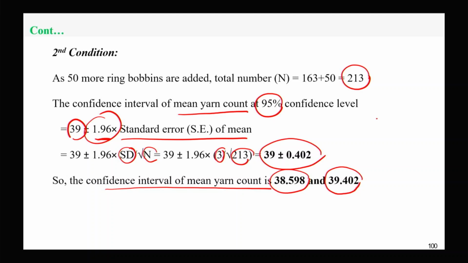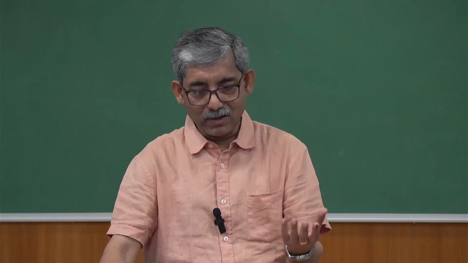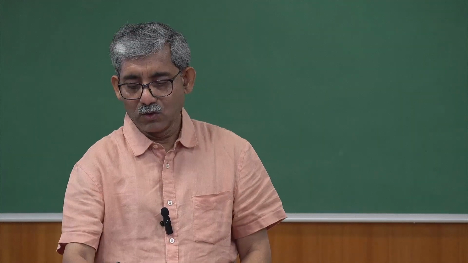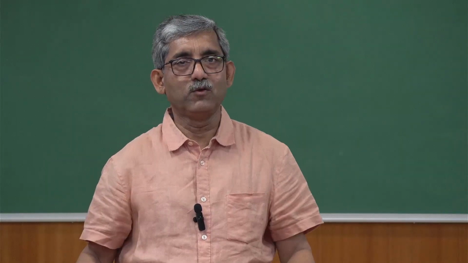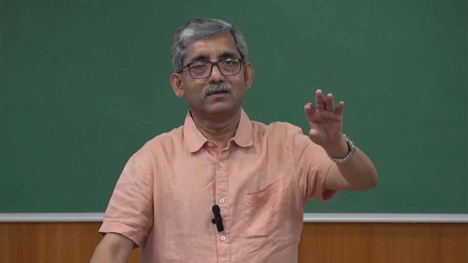Now what does it mean? So our mean count which we have got is 39, but we have taken a sample of only 213 bobbins, and we have done the statistical analysis.